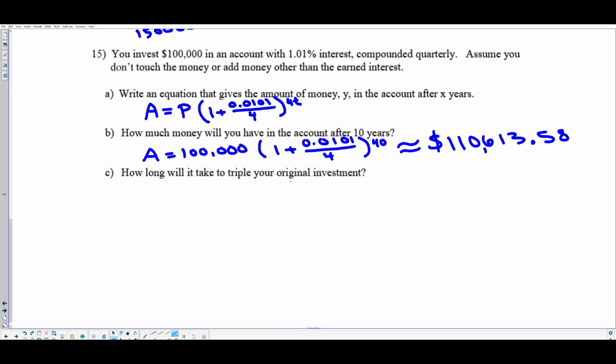Okay, how long will it take to triple your original investment? So, your original investment is 100,000. Triple will be 300,000. 1 plus 0.0101 over 4. And this is going to be 4 times how long, right?